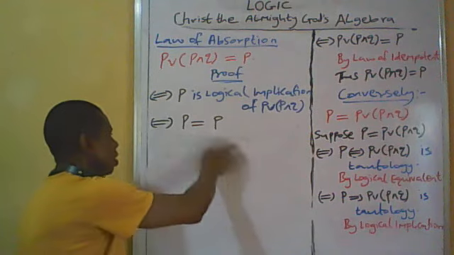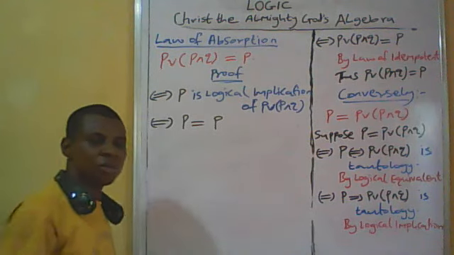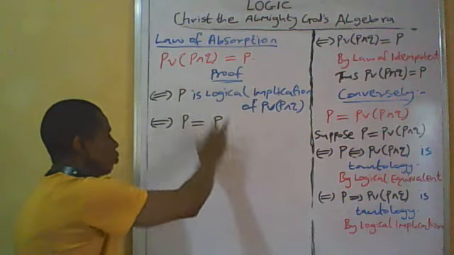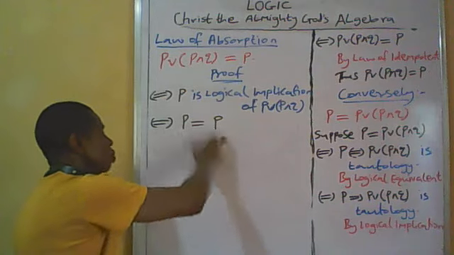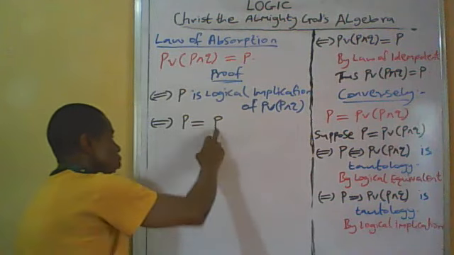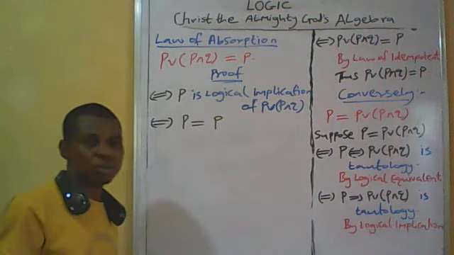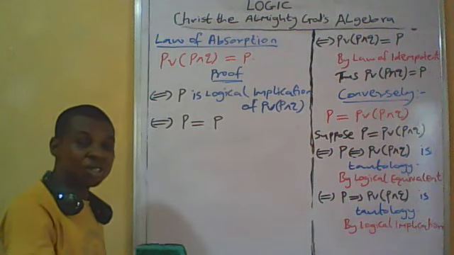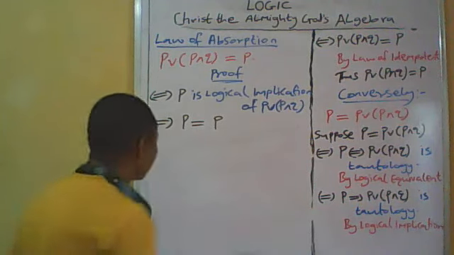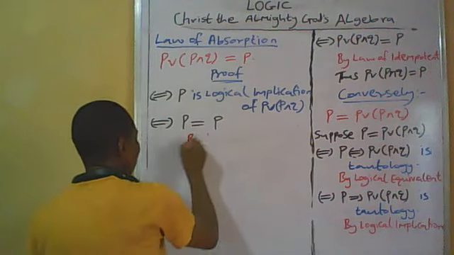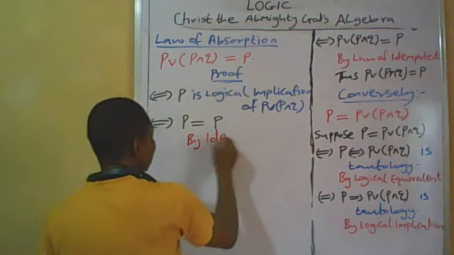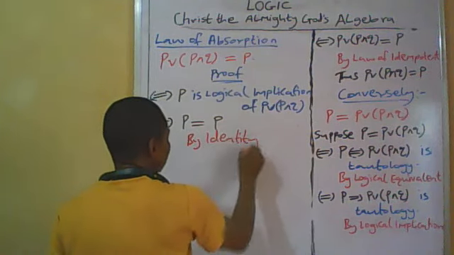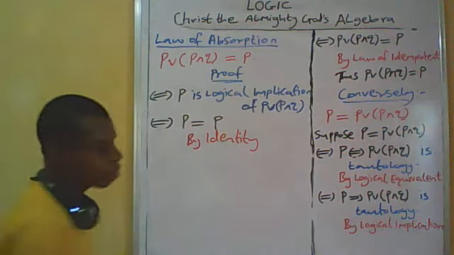They are logically equivalent. Whenever P is true, P is true. Whenever this P is false, this P is false. We justify by identity, that is the sameness, because they are logically equivalent.